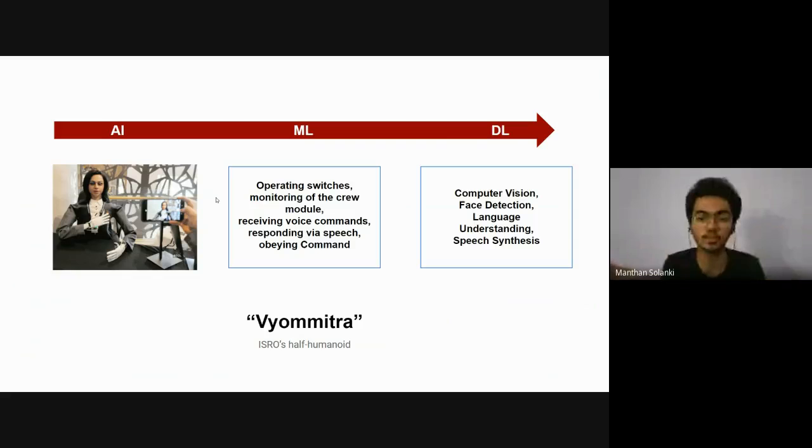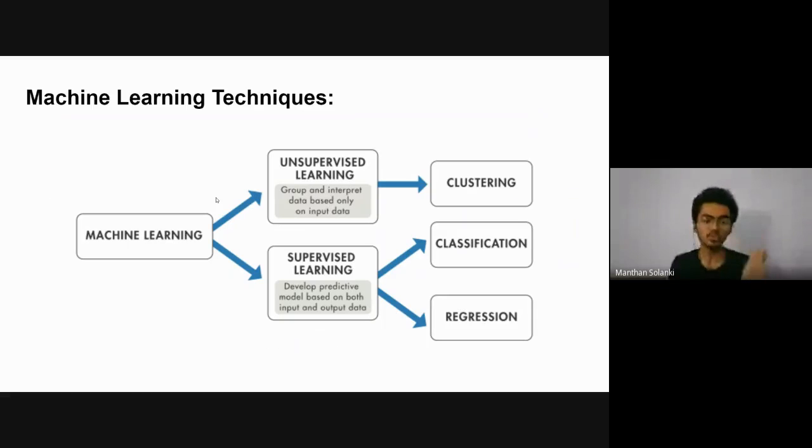So the computer vision task, face detection, then understanding languages and speech generation. These are the tasks done using deep learning, so it can be helpful to our robot. This is how, if you narrow down the field of AI, deep learning can be helpful to a very large extent. So let's take a look at the machine learning techniques.